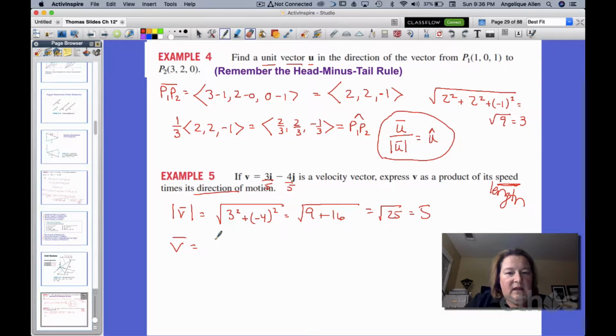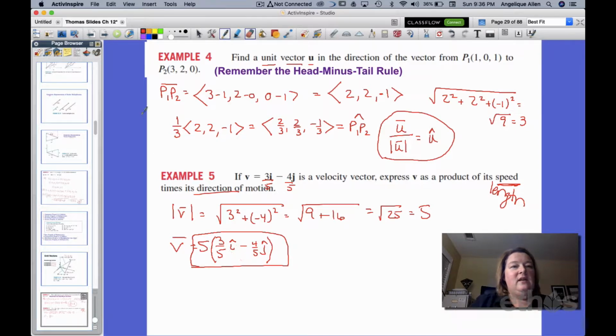So this is going to be 3/5 i minus 4/5 j, times 5, its length. This is the form they're asking for so that you can see both the speed of the motion and the direction of the motion separated out. Okay, let's move on.